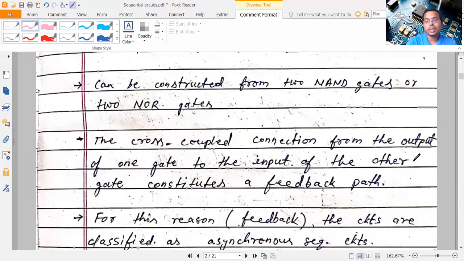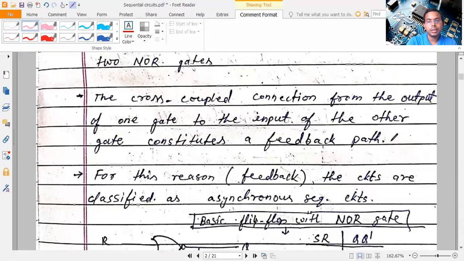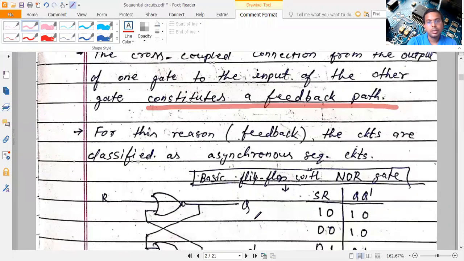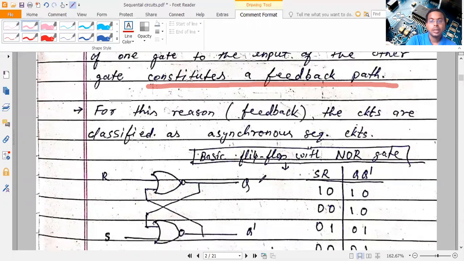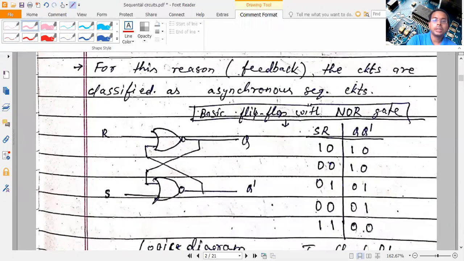The cross-coupled connection from the output of one gate to the input of the other gate constitutes a feedback path. For this reason, the circuits are classified as synchronous or asynchronous sequential circuits. Whatever basic flip-flop we are going to study here is an asynchronous sequential circuit.